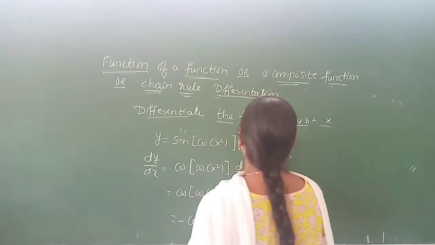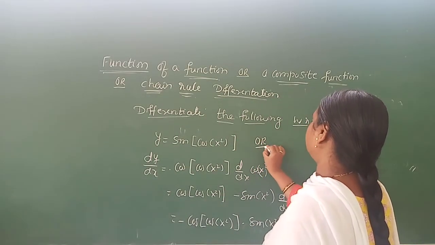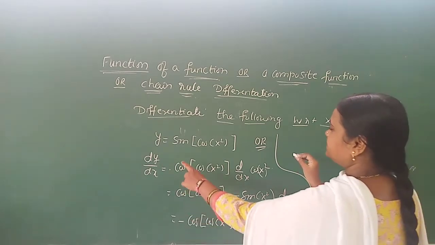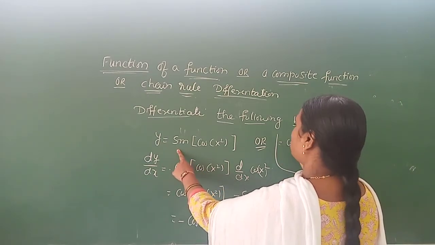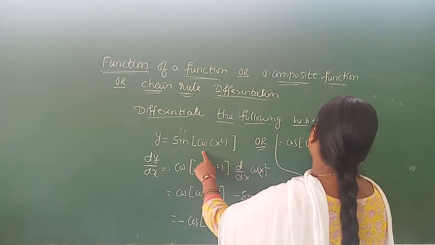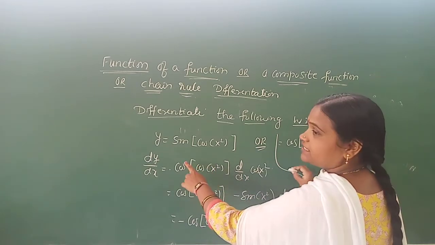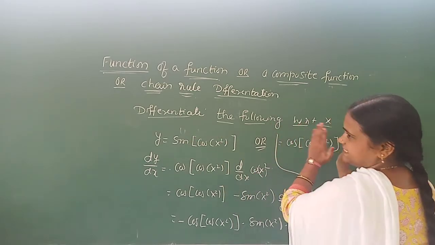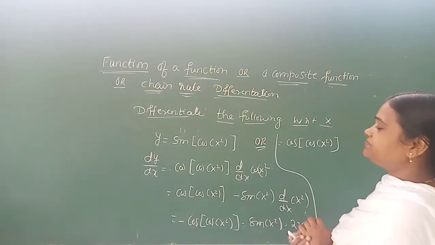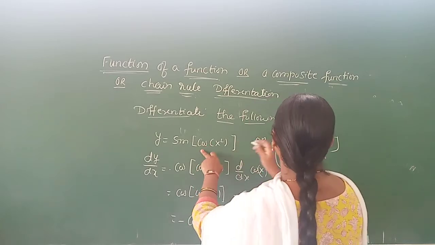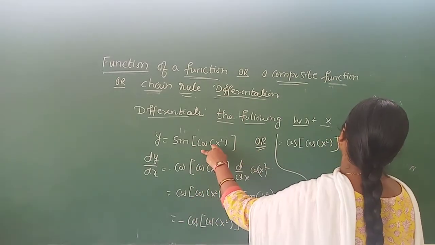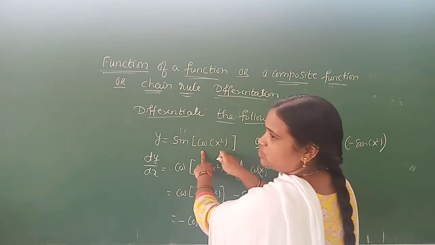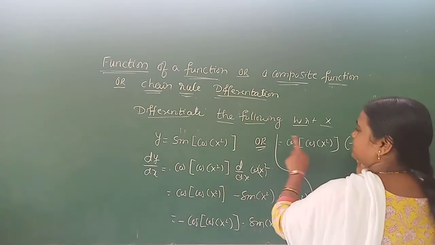Or else we can write directly also. I will tell you how. See, sin differential is what? Cos of x square. If I have done this differentiation, we have to write this one as it is. Next step differentiation is cos. Cos differential is what? Minus sin x square. Only we are doing the differentiation of cos, not x square. Therefore, we are writing only cos.